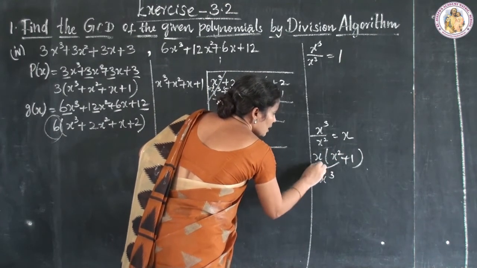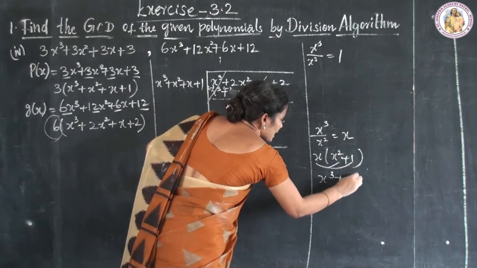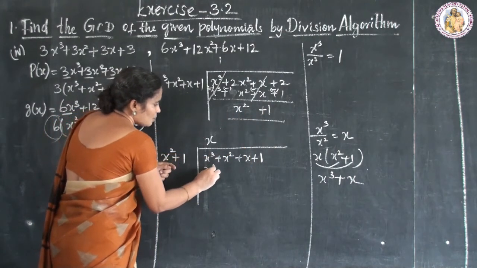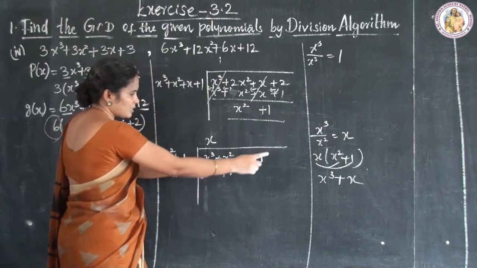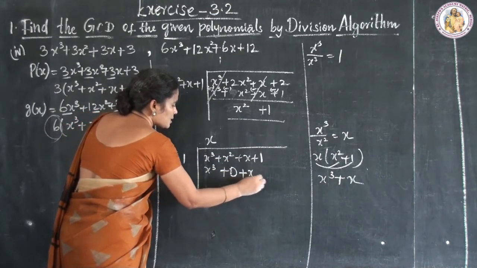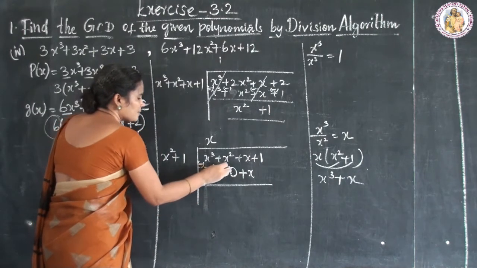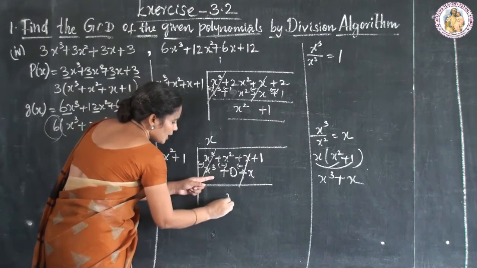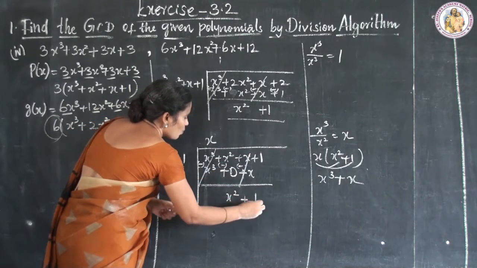X cube plus x. Change the sign, and cancel, leaving x square plus 1.